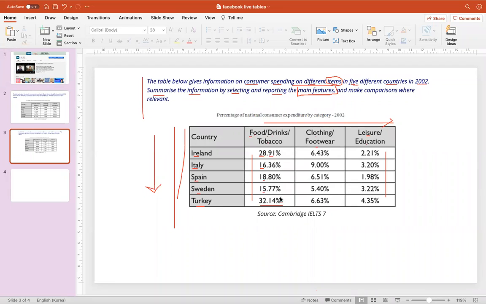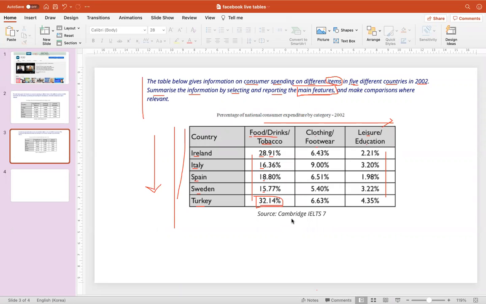So Turkey is the highest. Yeah. So out of all of the 5 countries, Turkey has the highest expenditure or spending on this column. So we're gonna highlight Turkey here because it's exceptional. It's the highest, right?